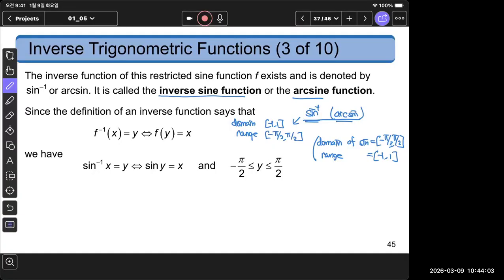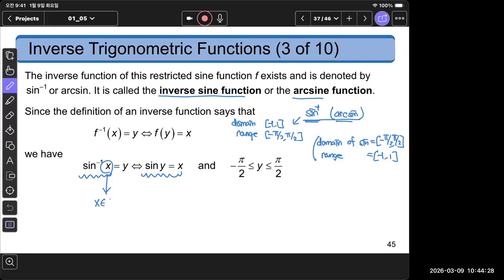So this arcsine function, the inverse of the sine function, will be meaningful only in this sense, and at that point this x will be any value in the domain of arcsine, which is the range of the sine function.